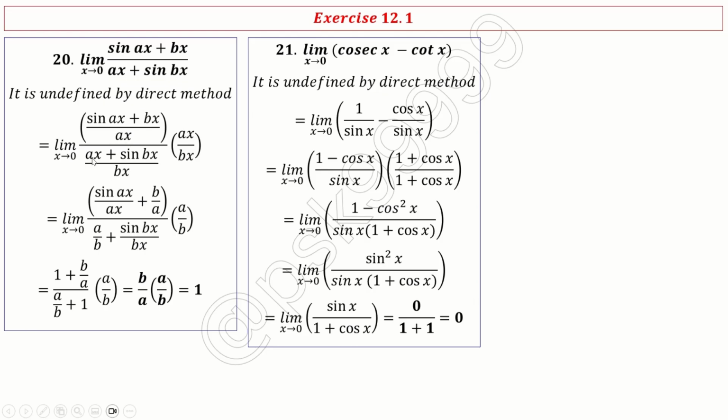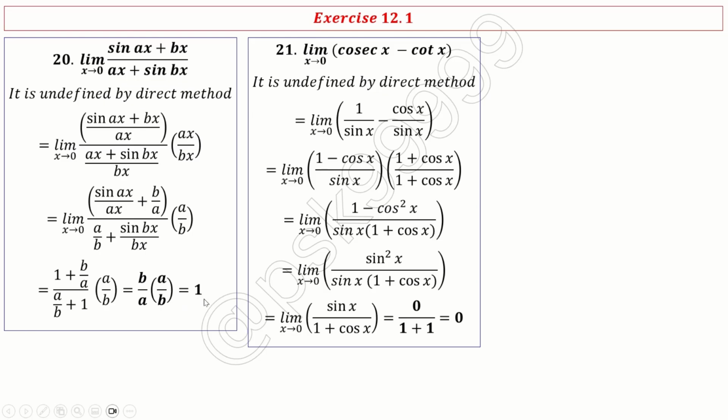Now I take this ax into the individual terms. So it will become sin ax by ax plus b by a, divided by a by b plus sin bx by bx into a by b. Now if I apply the limit independently, this is 1, this is 1. So 1 plus b by a divided by a by b plus 1, into a by b, which is nothing but b by a into a by b, which is 1.